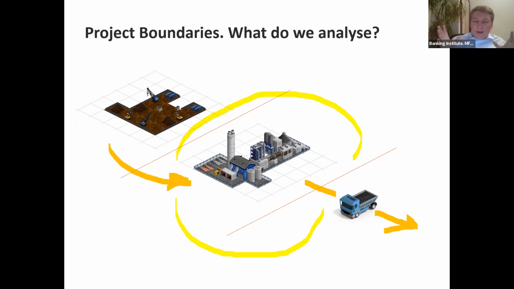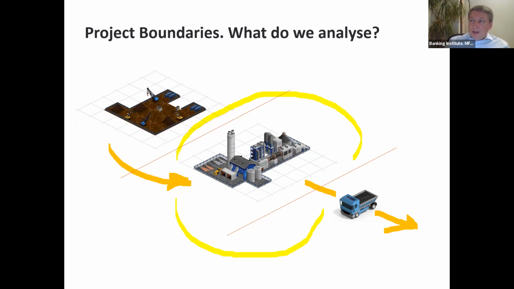So we should understand the boundaries of our project, just to understand what capital expenditure we should include in the project, what should be counted as our expenses, and what's just insider expenses for us, like if we bought a deposit of raw materials.